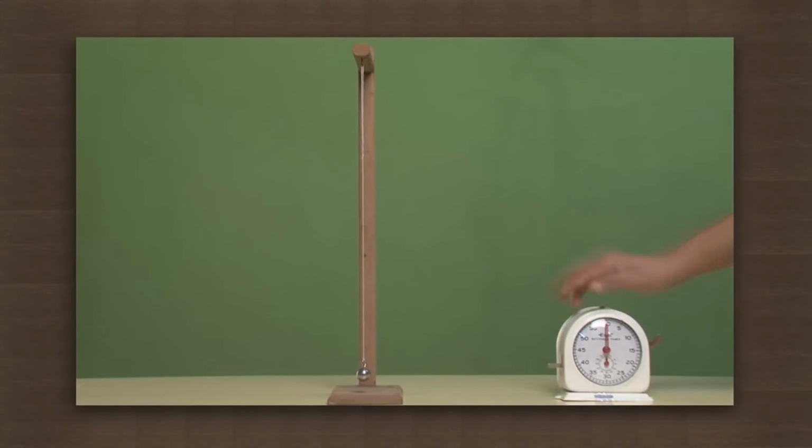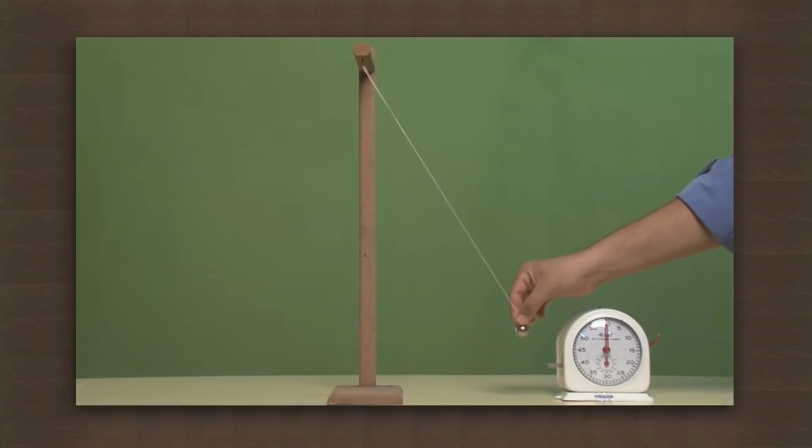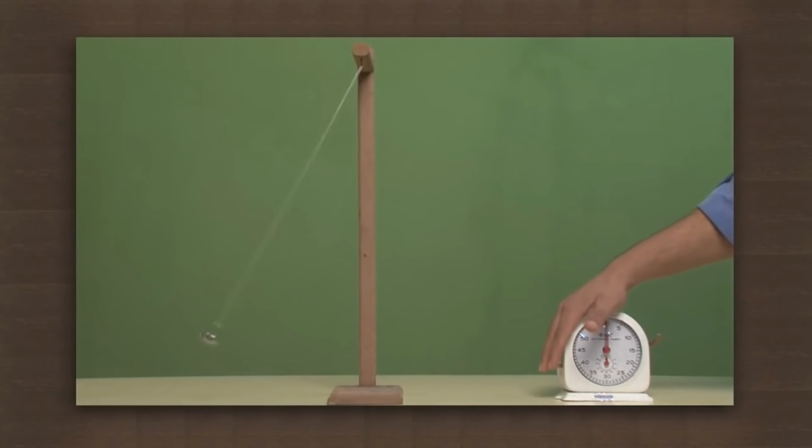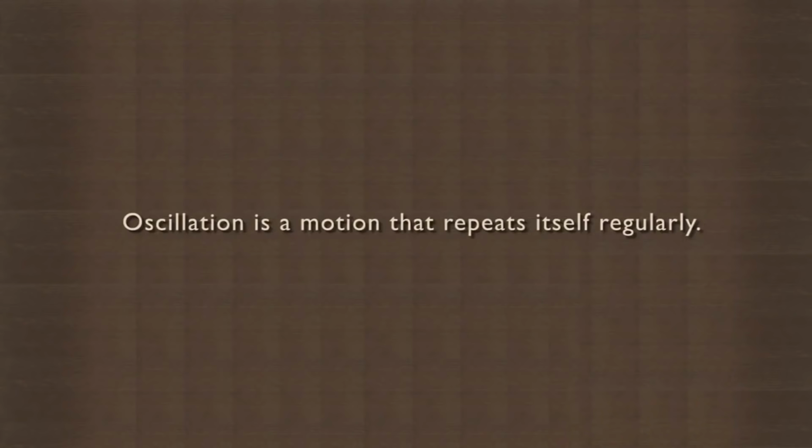Now we will count the time it takes to complete 10 oscillations. Swing the bob to one side and leave it. 1, 2, 3, 4, 5, 6, 7, 8, 9, and 10. So it took 13 seconds to complete 10 oscillations.